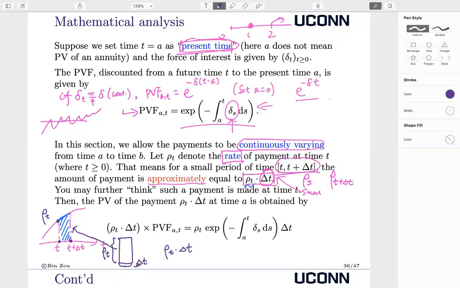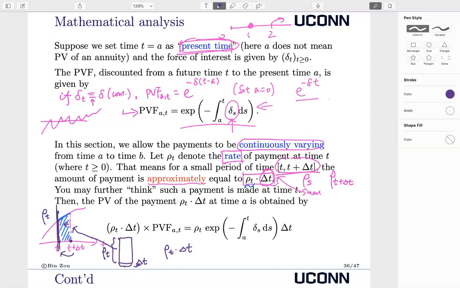And now it's time for you to imagine the process of making this delta t smaller and smaller. By using a smaller and smaller partition, I move the right-hand side vertical line towards my starting point. This is my starting point.